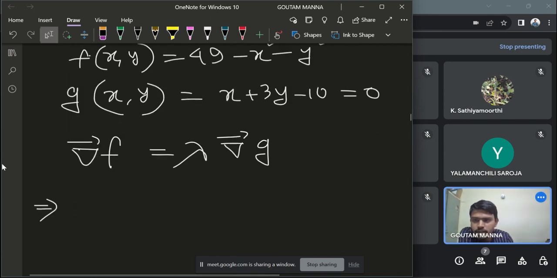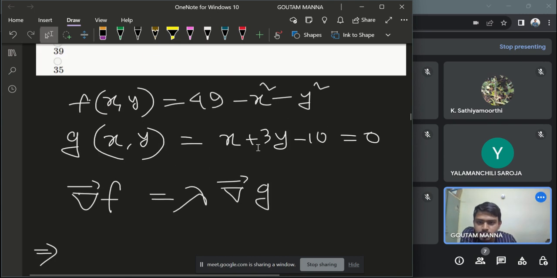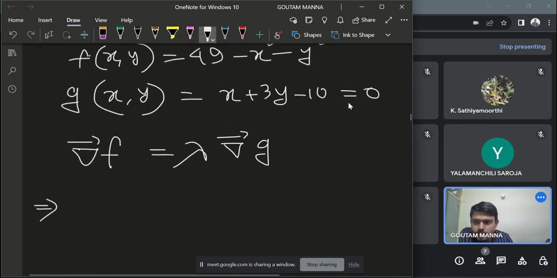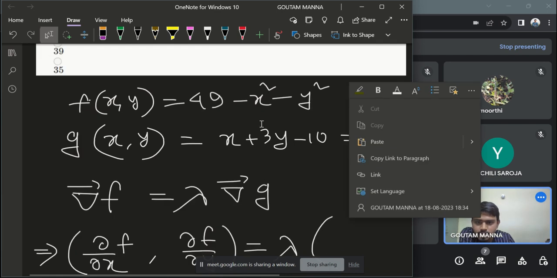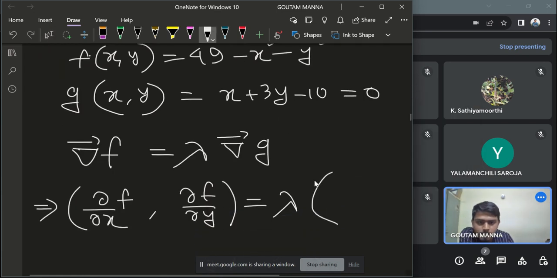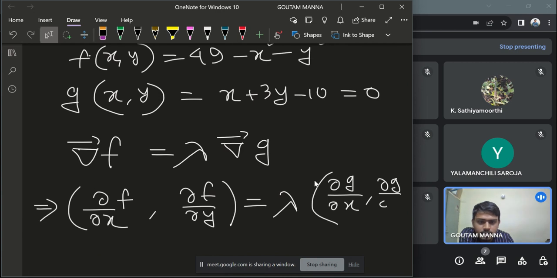So if we take grad of f, it's a two variable function, so there will be two components, del x of f comma del y of f, and this equals lambda times del g del x comma del g del y.